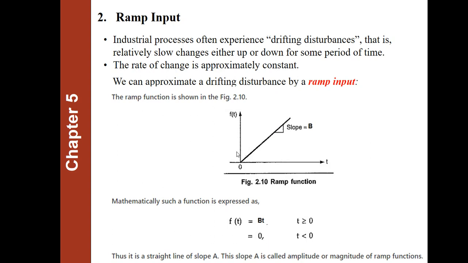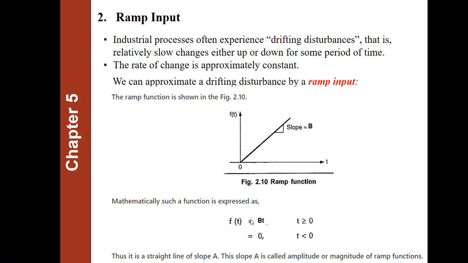Now, graphically, this is how we represent a ramp function. If you're going to write its equivalent in an equation, this is our function of t. It's a function whose value is equal to b times t, as t is equal or greater than 0. Otherwise, at time which is negative, it does not hold any value.